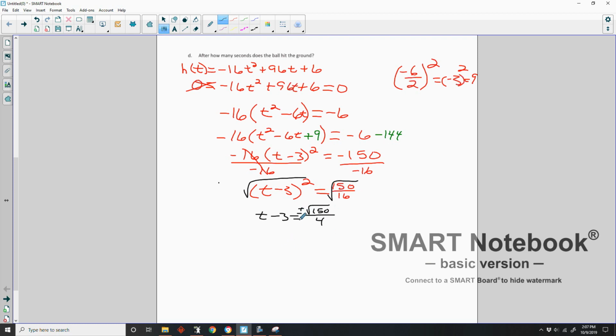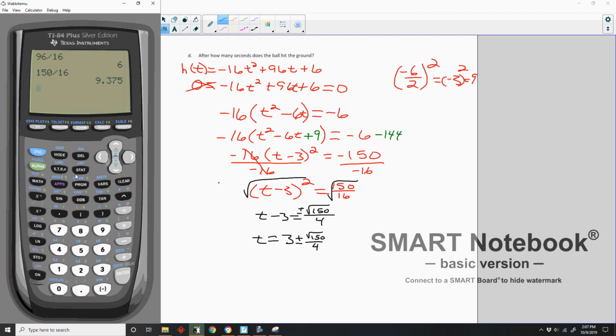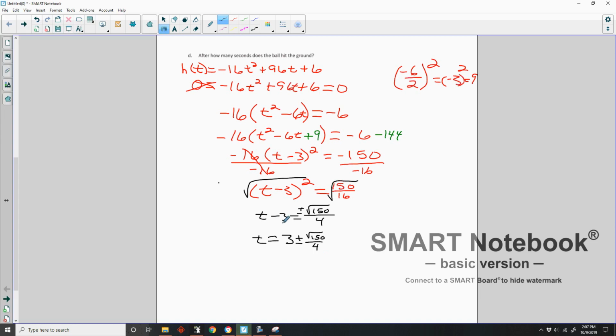And then finally, I move the 3 to the other side, add 3 to both sides, and I get 3 plus or minus the square root of 150 over 4. Okay, so if I put that in my calculator, this should be, no, that's right, okay.